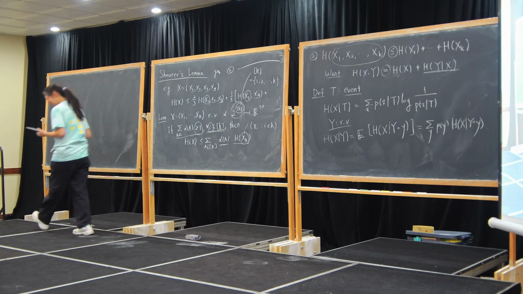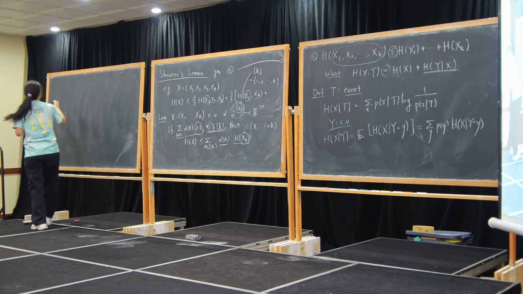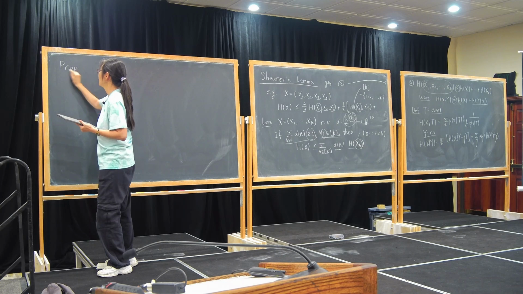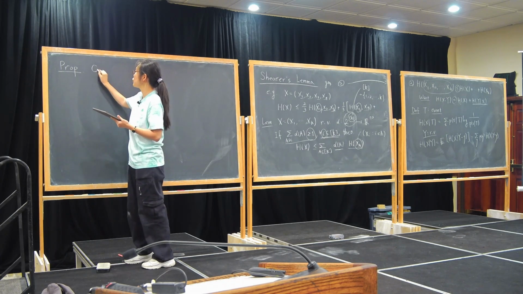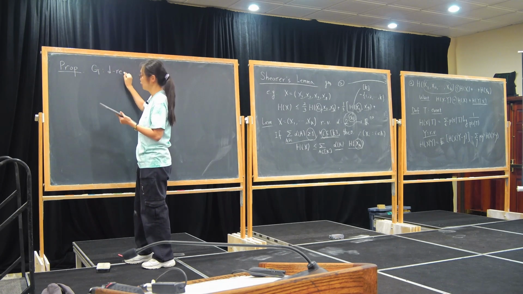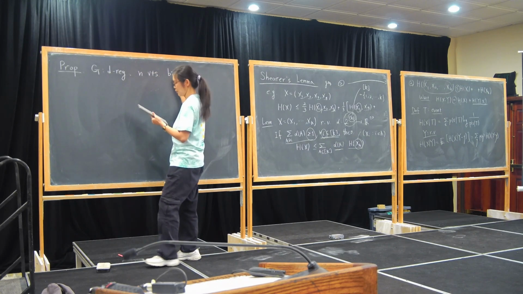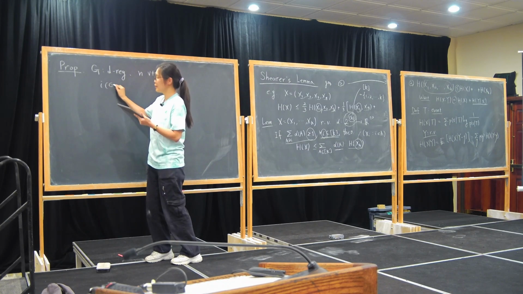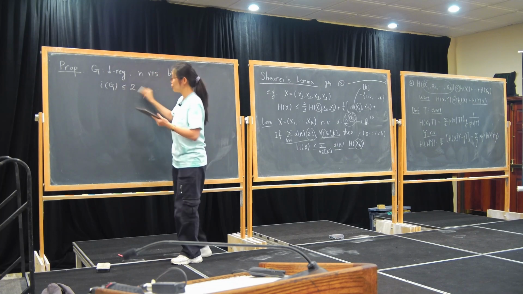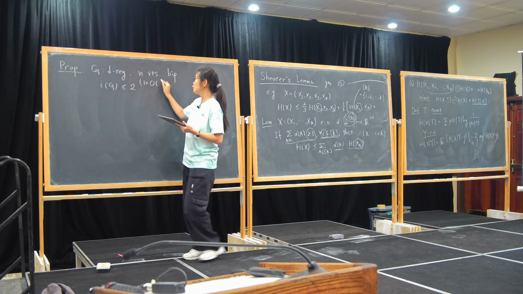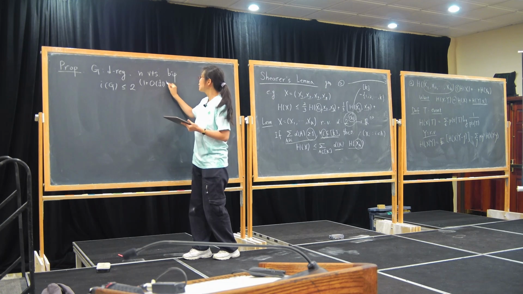Okay, great. So the target statement is the proposition that if G is d-regular on n vertices and bipartite, then the number of independent sets is at most 2 to the (1 plus big O of 1 over d) times n over 2.